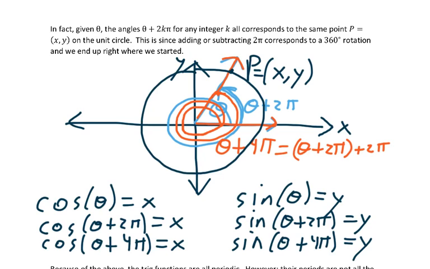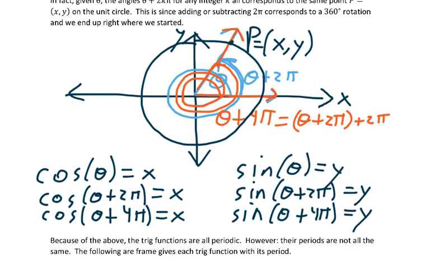Okay, so we know they're periodic, then naturally we ask, well, what's their period? It turns out sine and cosine are periodic with period 2 pi. Sine and cosine and secant and cosecant have period 2 pi. What may not be obvious at first, it does take a little bit of work, although it's not terrible, but tangent and cotangent have period pi.